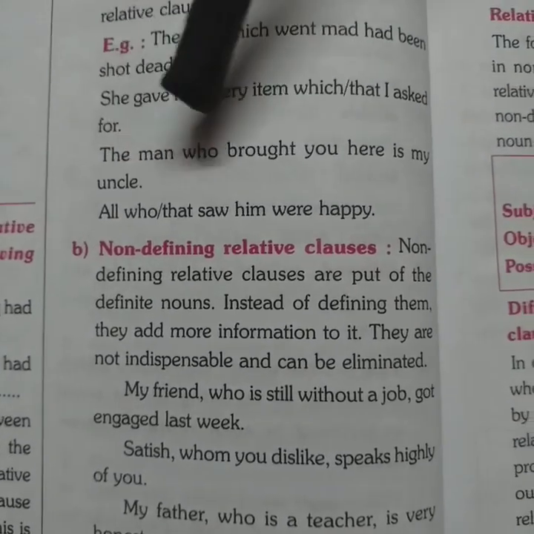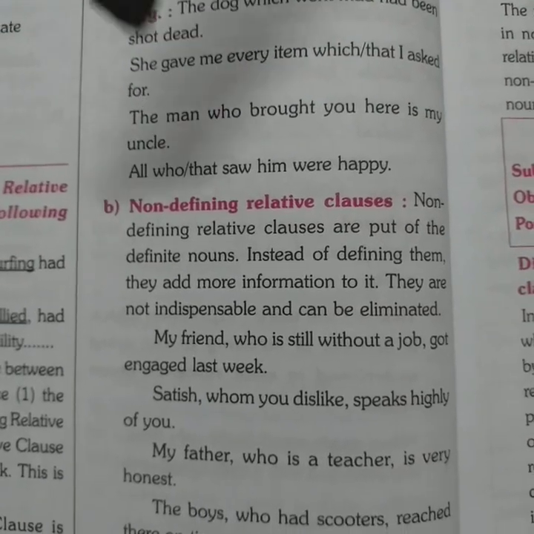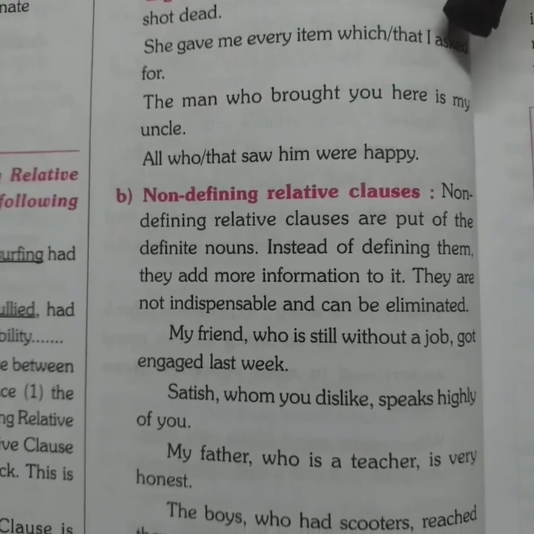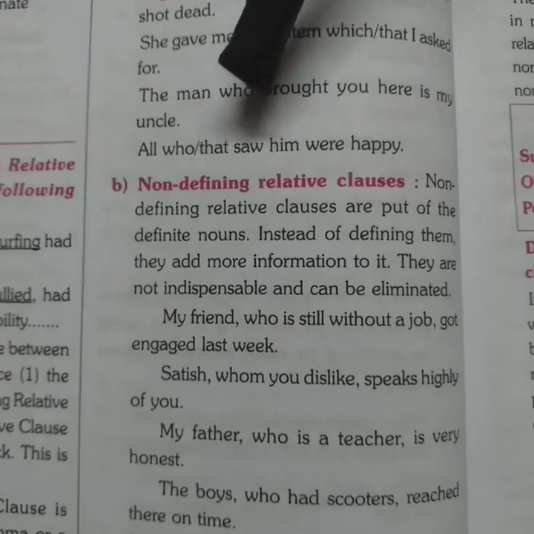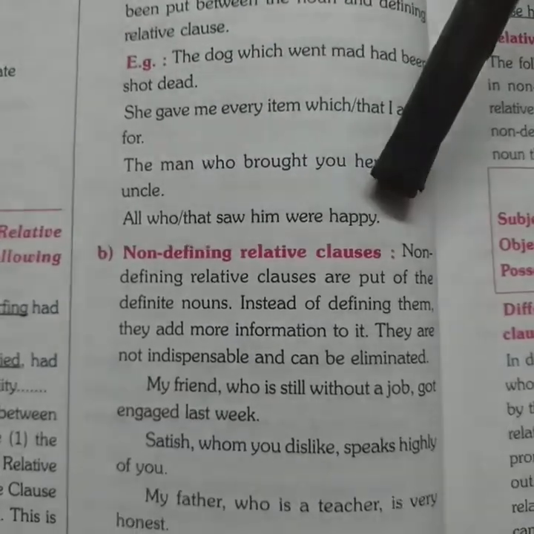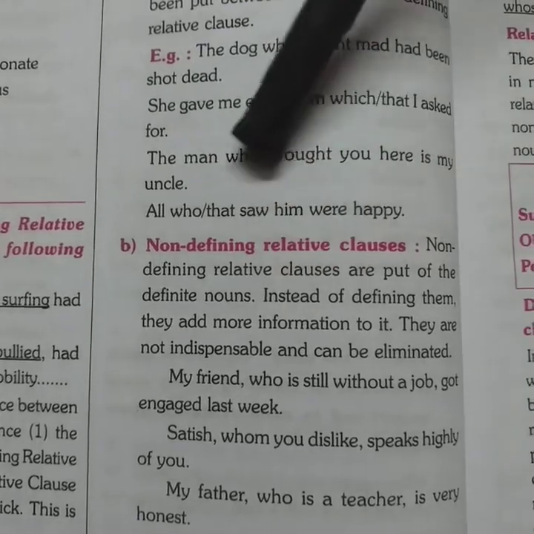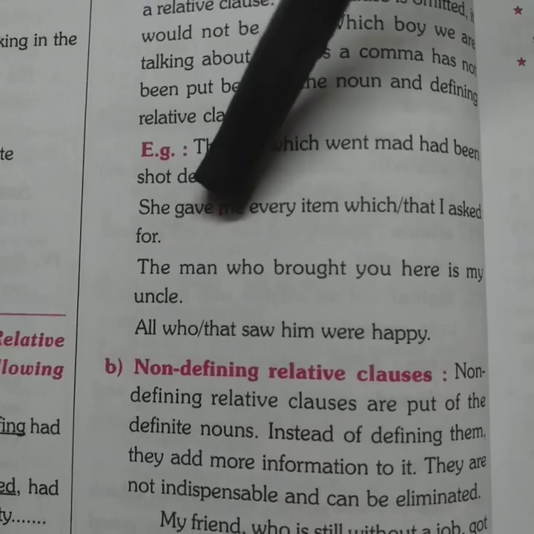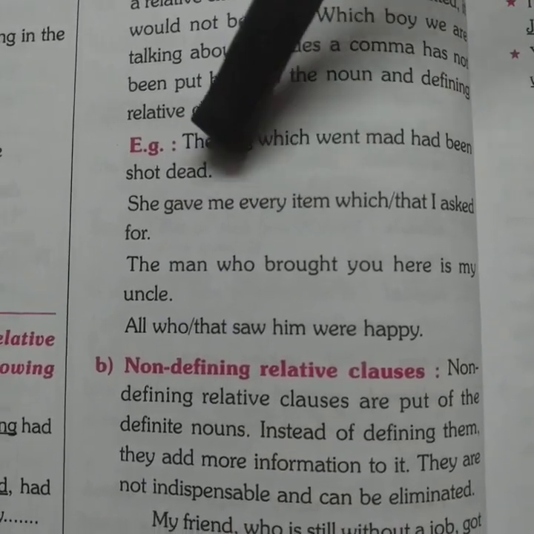Next one: the man who brought you here is my uncle. Many men are there, but one particular man brought you, and that person is my uncle. All who saw him were happy. Don't worry about these words, who, which, that. The only thing you have to see is that when there is no punctuation, that is a defining relative clause.